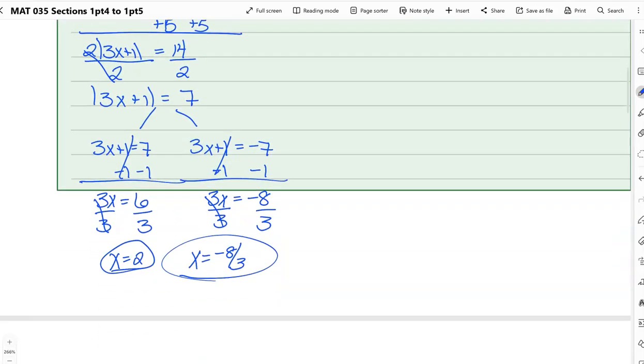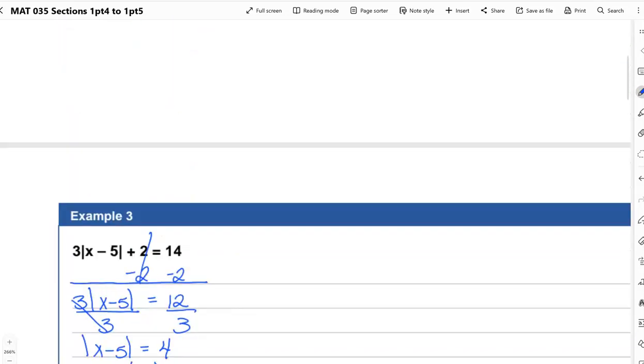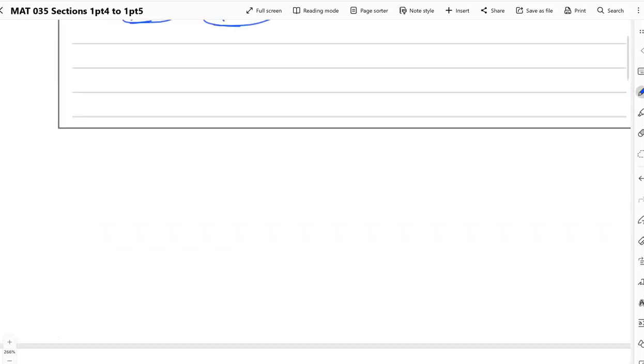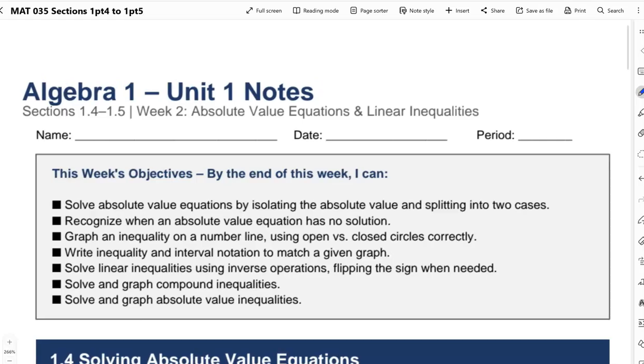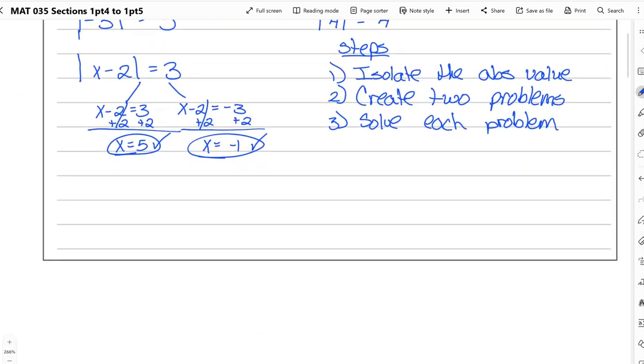One more thing we need to talk about is how do we know if we have no solution? I'm going to go back to my notes section up here. No solution happens when that absolute value is equal to a negative number.